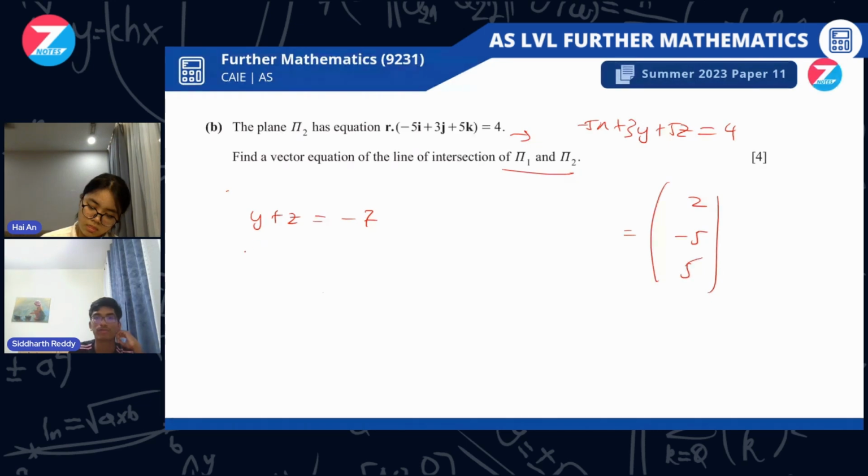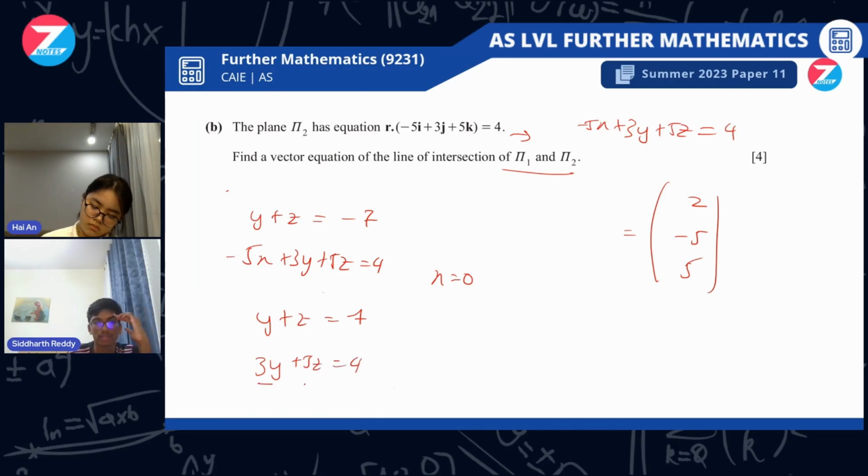This one we have minus 5x plus 3y plus 5z is equal to 4. You can choose any point, so we can just take x is equal to 0 and substitute. So we have y plus z is equal to minus 7 and 3y plus 5z is equal to 4.